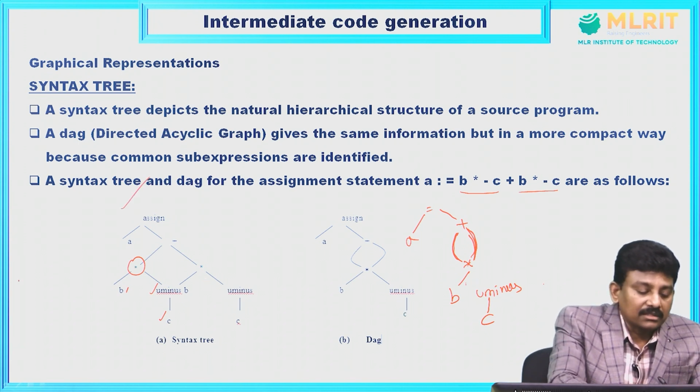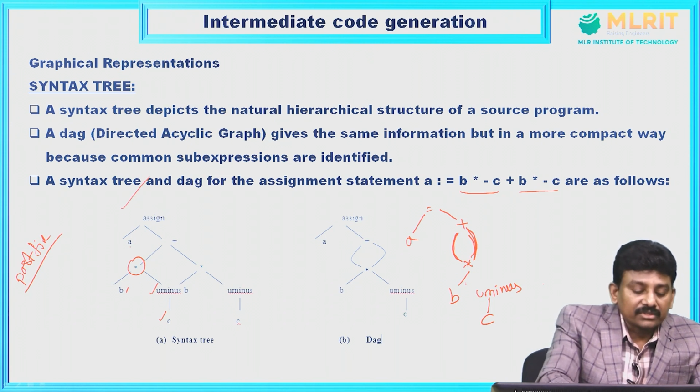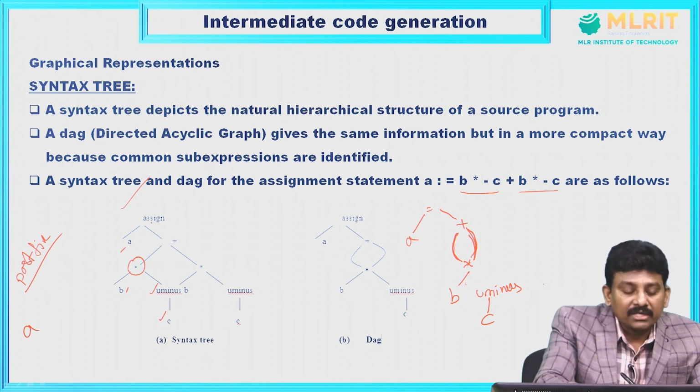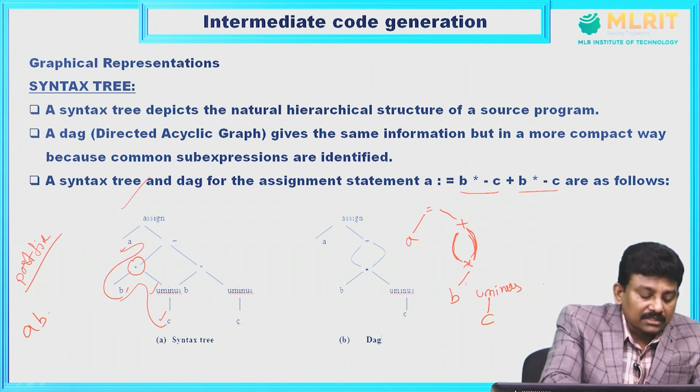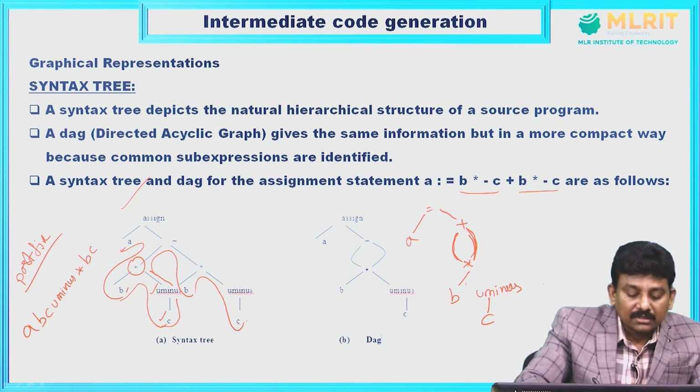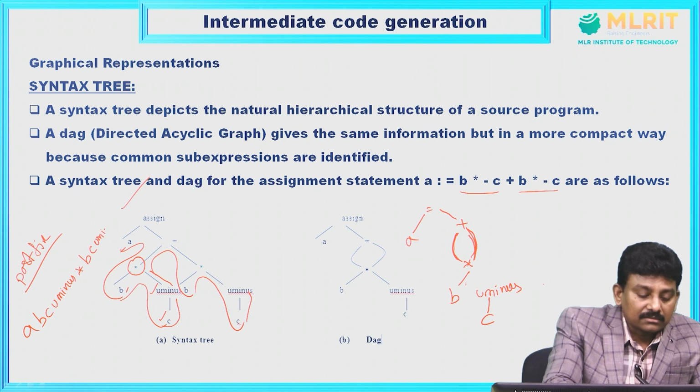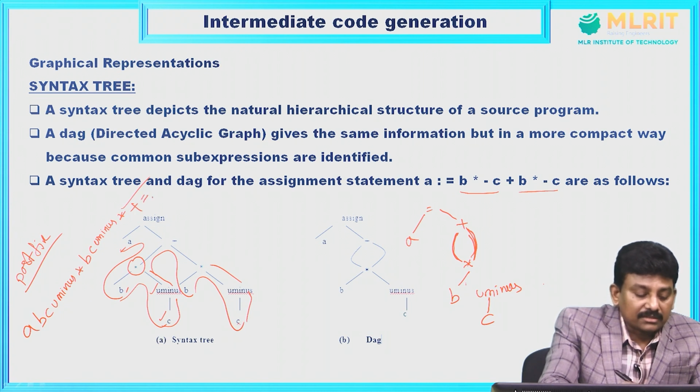For this syntax tree, the postfix notation will be, first the children will appear, that is, top-down evaluation of the tree: A, then B, then C, then unary minus, then star, then B, C, unary minus, star, plus, assignment operator.